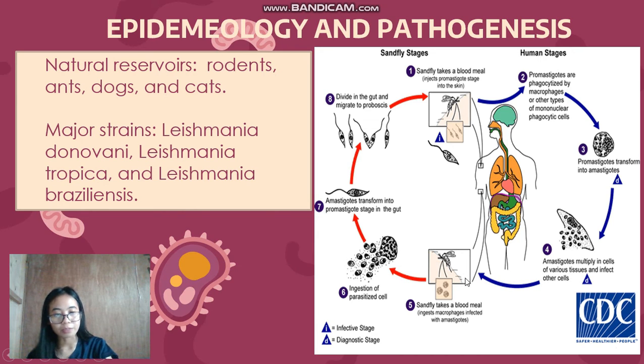Sandflies become infected during blood meals on an infected host and they ingest macrophages infected with amastigotes. So in the sandfly's midgut, the parasites differentiate into promastigotes which multiply and migrate to the proboscis. So this is the whole life cycle of Leishmania spp.